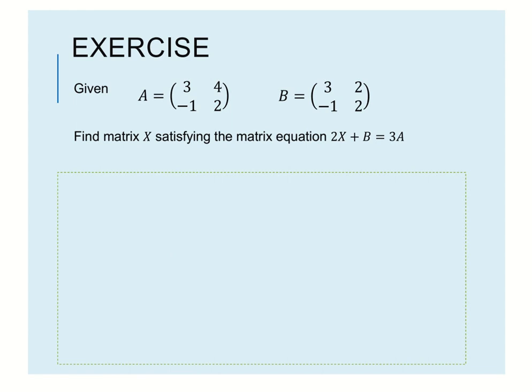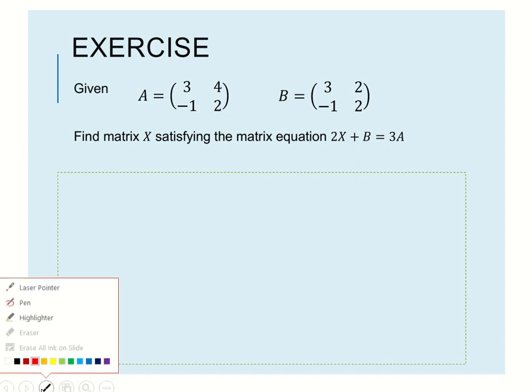Let's take a look at an example. Given two matrices, A and B, find matrix X satisfying the matrix equation 2X plus B equals 3A.